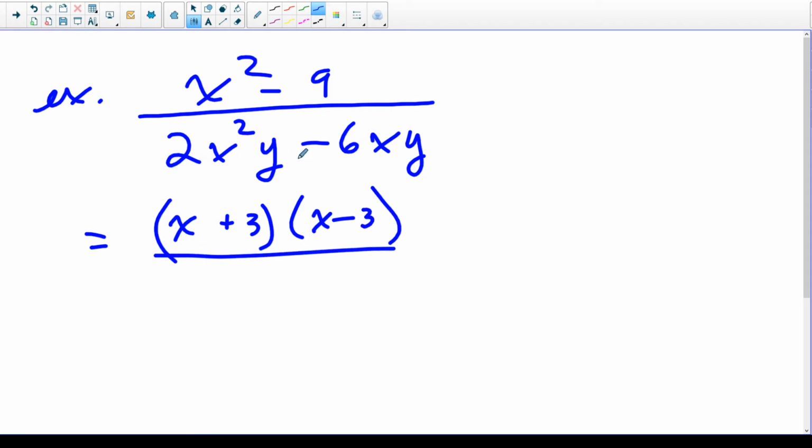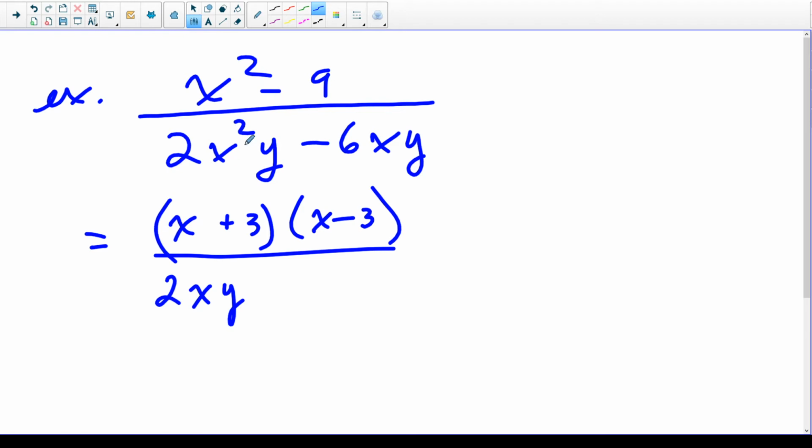At the bottom here, what are we going to be able to pull out? Well, we can definitely factor out a 2, and we can factor out an x, and we can factor out a y. So just a quick reminder, for your variables, if they share all the same variables in all terms, then you can factor out the lowest power of each variable from all terms.